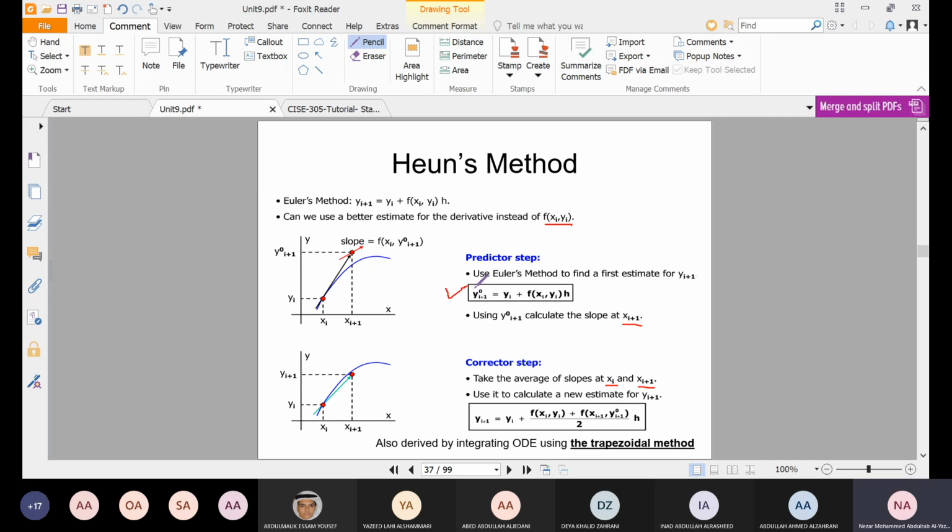This value of y, the estimate of y here, we use it to find the value of the new slope, also with x_i+1. After that, we take the average between them. With the initial value, for example, if we talk about y1, this i will be 0. So here is the slope at the initial value, and this is the slope at x_1 and y_1. We take the average of them and multiply by h to get a better estimation.